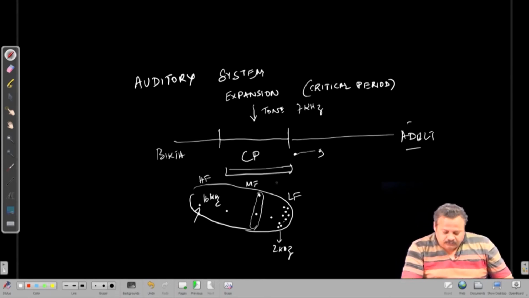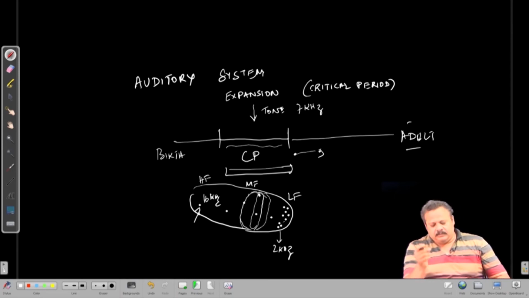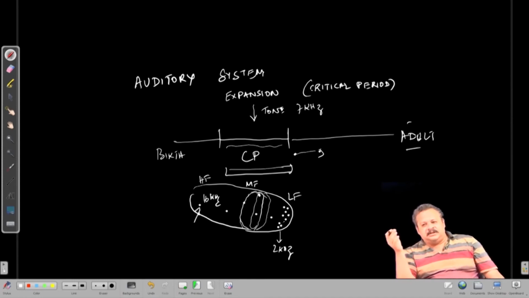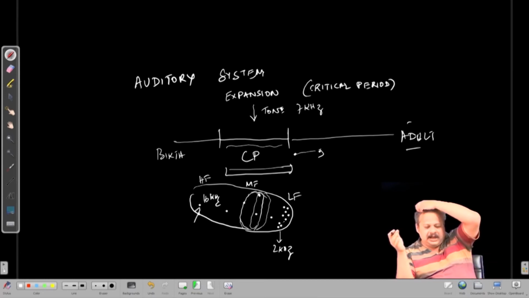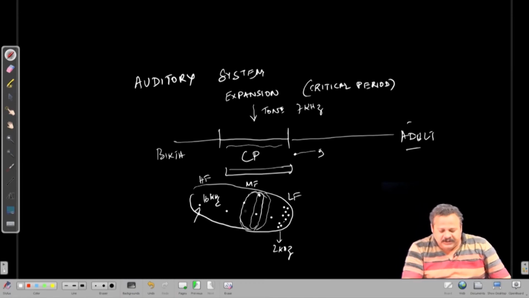Now, when this 7 kilohertz is presented during the critical period, then this 7 kilohertz region gets an expanded representation in the cortex. That is, the regions that were for neighboring frequencies like 6 kilohertz or 8 or 10 kilohertz are now devoted to the same 7 kilohertz frequency.